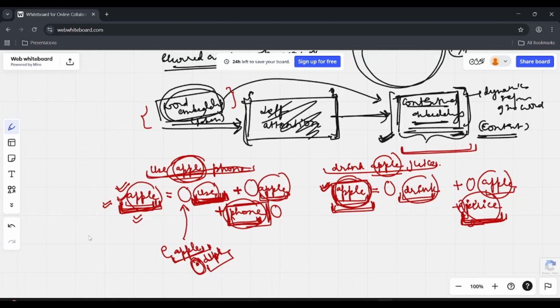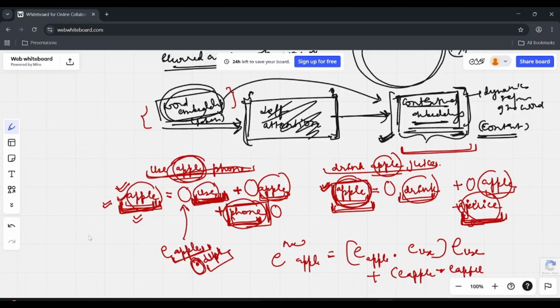So now if I have to find out the new embedding of apple, that will be the dot product of the old embedding of apple with use, and we are taking the embedding of use itself. Similarly, we are taking the embedding of apple and finding out its dot product with apple. Then we have the embedding of apple.